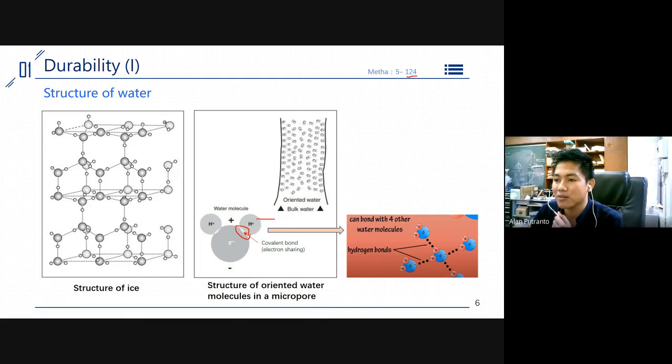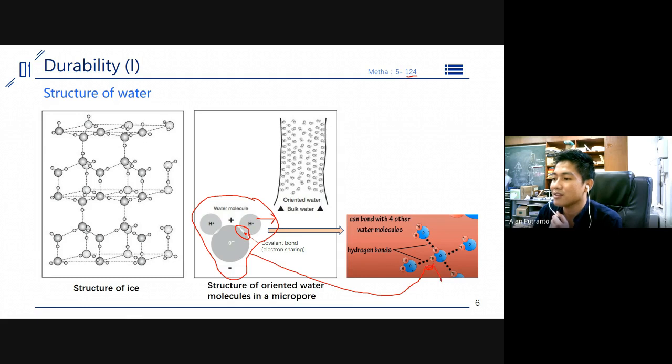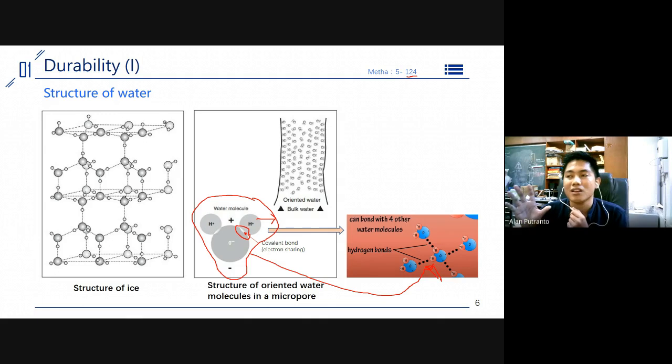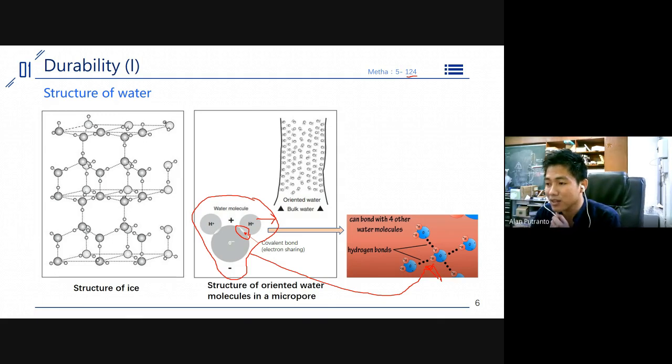But this is just for one water molecule. Actually, this is still unstable. So this common water molecule will connect to other water molecules to become stable. Actually, this kind of hydrogen will have another bond with another molecule. This one and this one and this one. Actually, I took it from the internet. Maybe I will show you later. This is called hydrogen bonds.